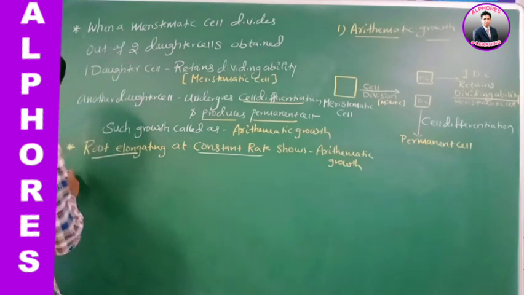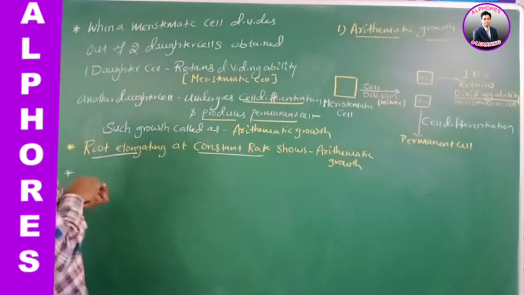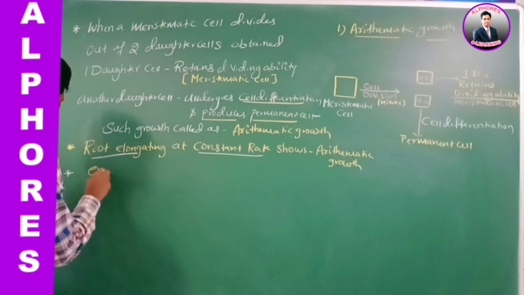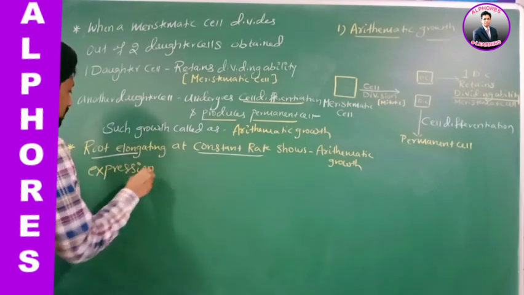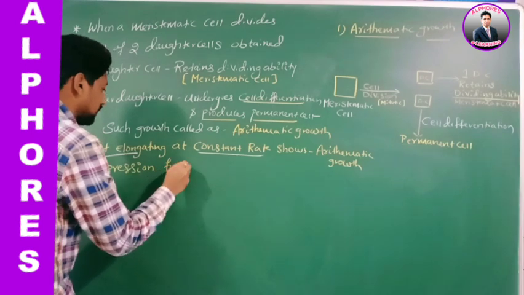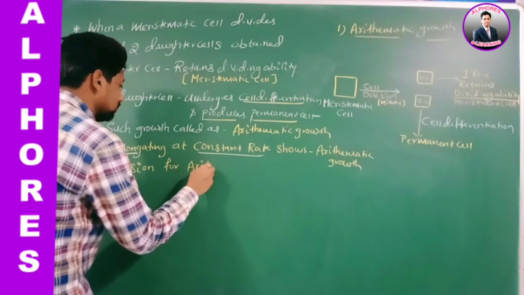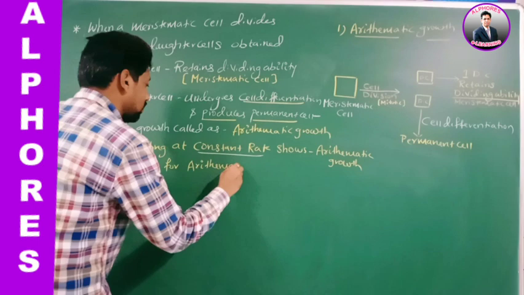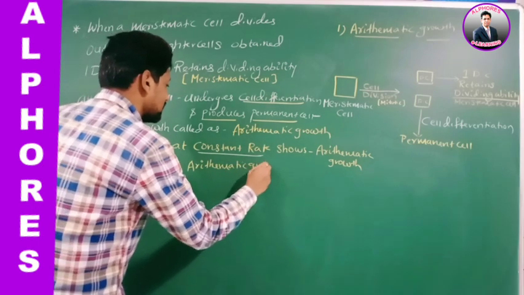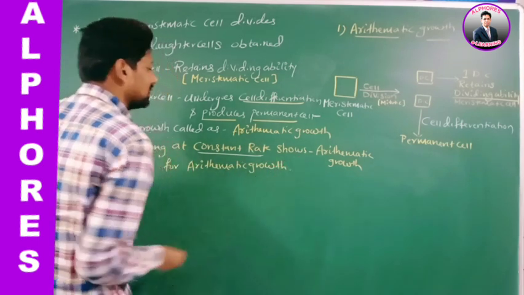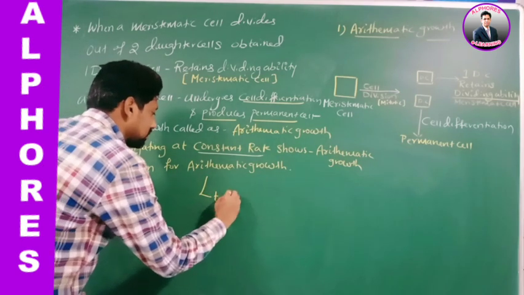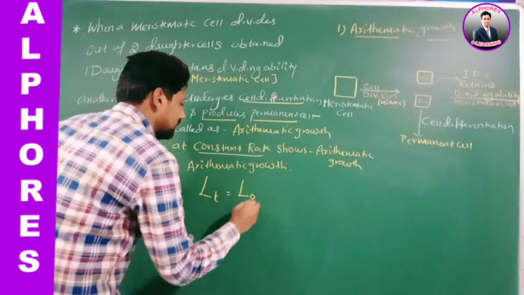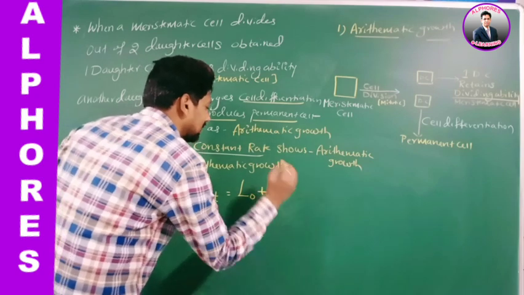Now, the expression for arithmetic growth. What is the expression for arithmetic growth? Lt equals L0 plus rt.